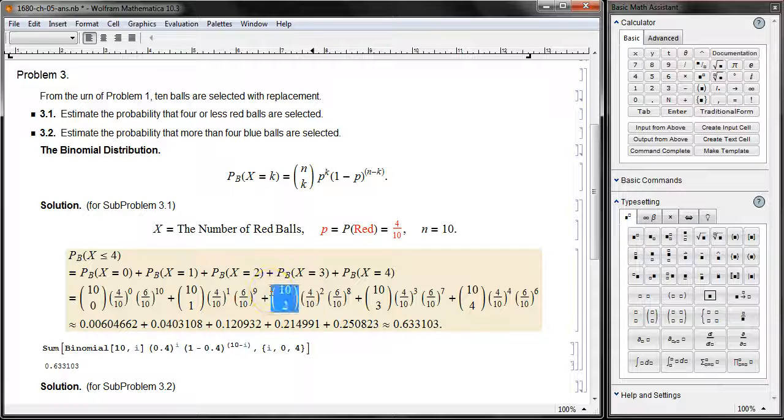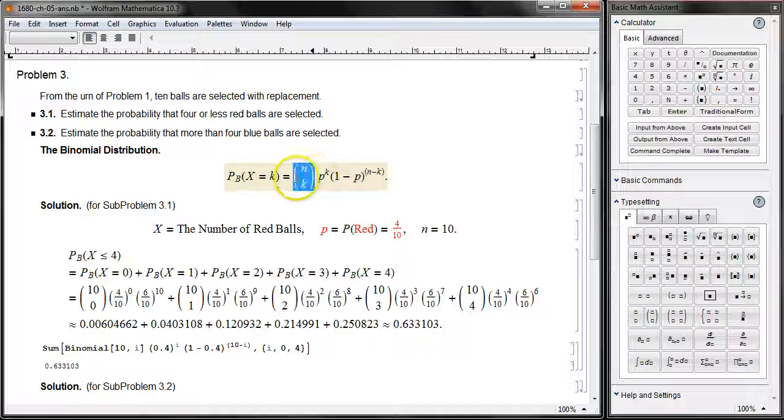This is 2 red, 10 choose 2, and 4/10 to the 2nd power because there are 2 reds this time, and consequently 10 minus 2 is 8, so non-red took place 8 times. So all these parts correspond to this part over here.